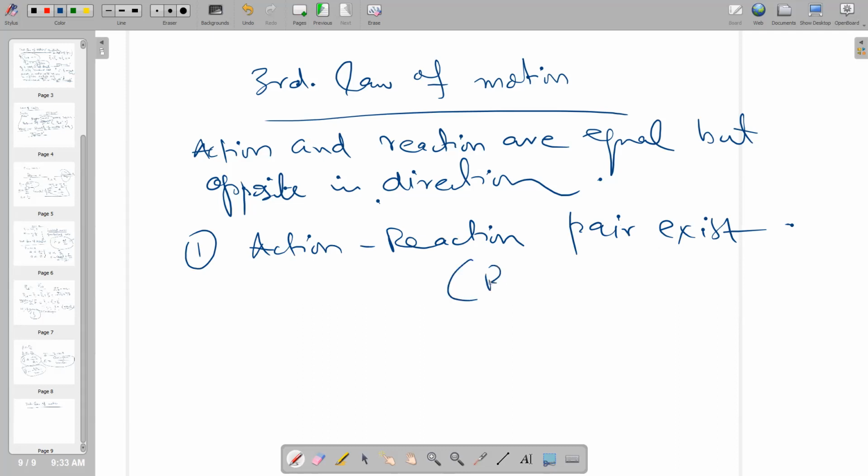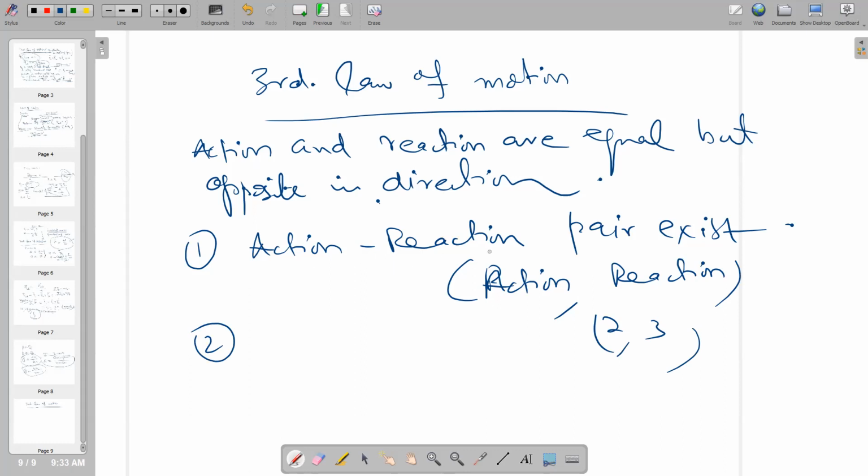So you can say that this I'm writing is action and this is reaction. You know the ordered pair, you can write like this one, 2, 3. So this is like action and reaction. Okay, number one.